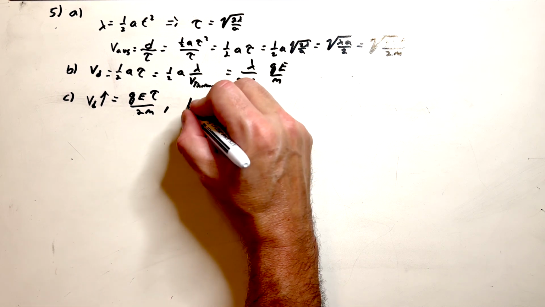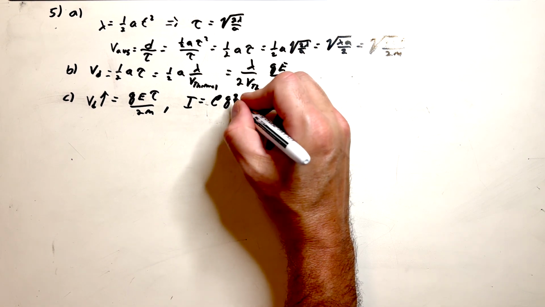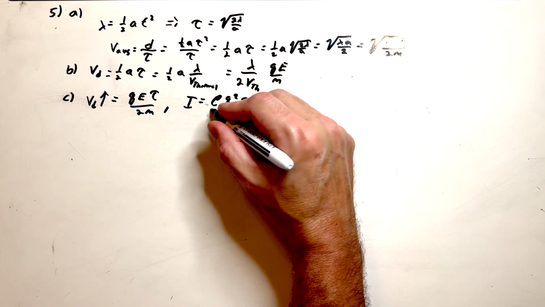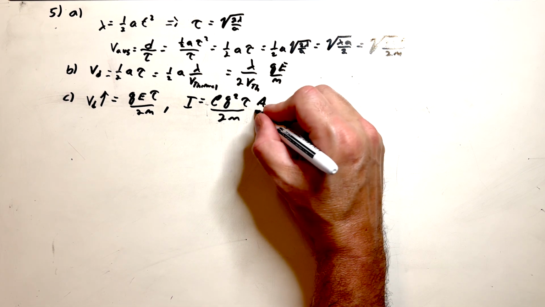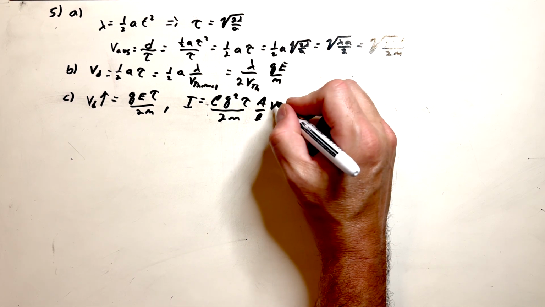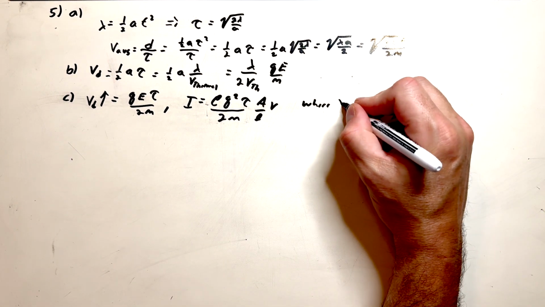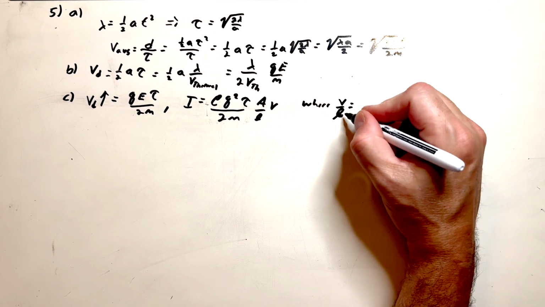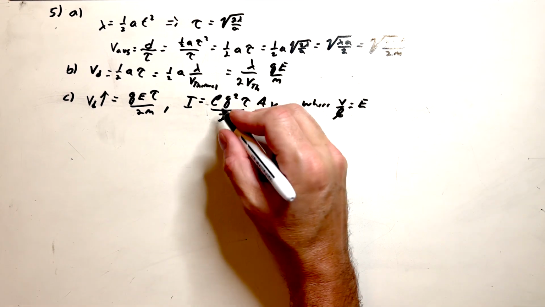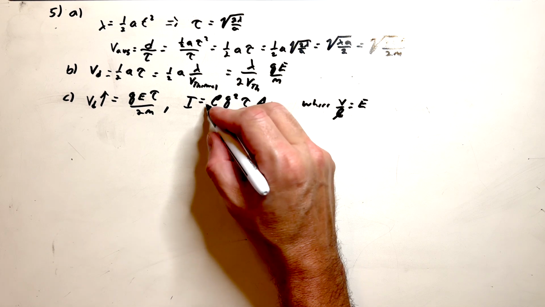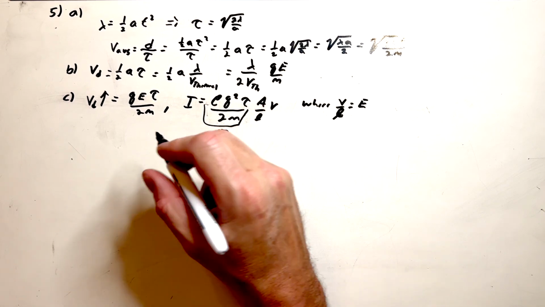And so I, the current, is going to be rho Q squared tau divided by 2m times A over L times V, the potential, where V over L equals E. So this expression here, we'll call it sigma part B. That's what we got in part B.